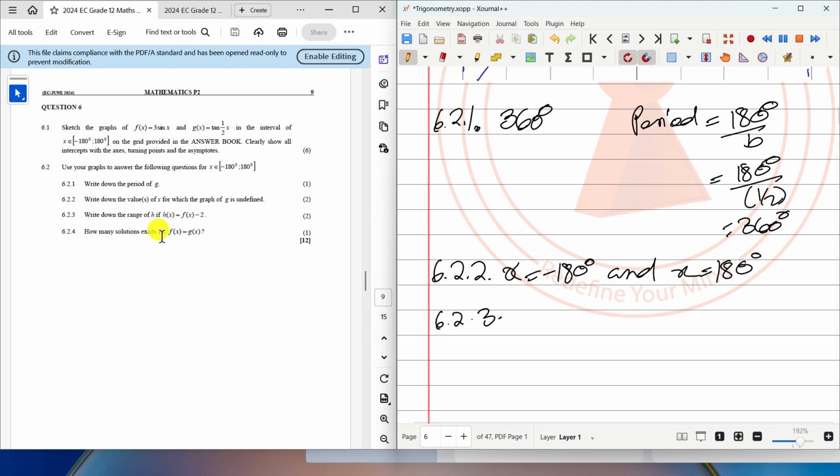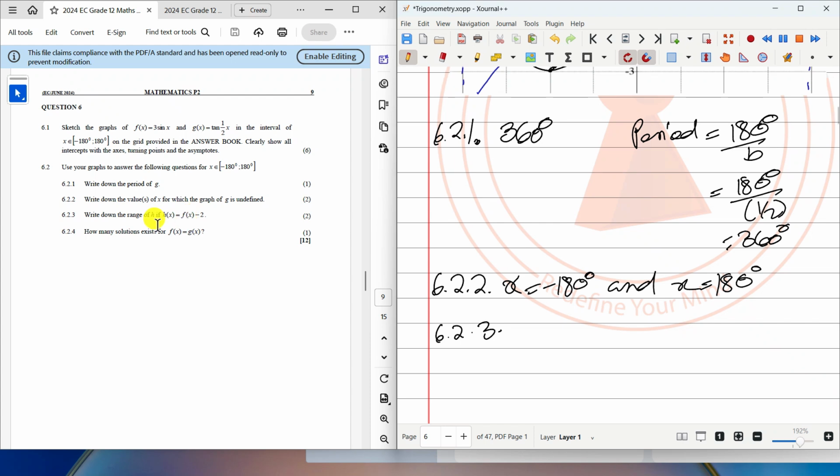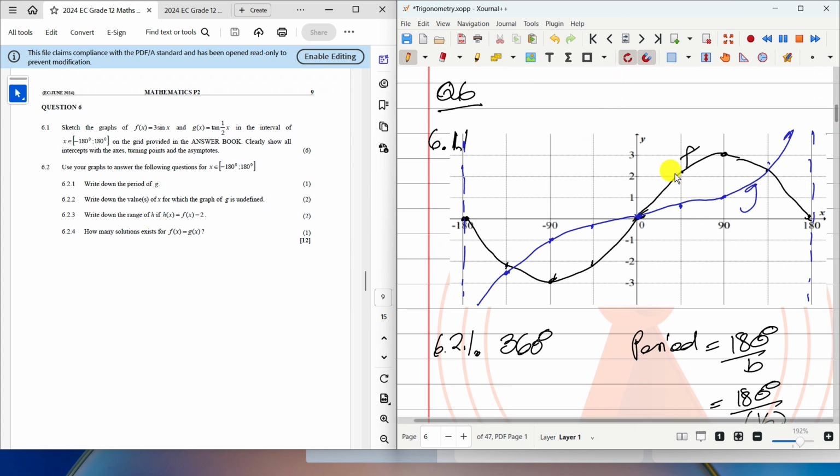6.2.3. Write down the range of h of x, if h of x is f of x minus 2. When they say f of x minus 2, it means f of x must be going 2 units down. At first, the range was minus 3 to positive 3, but now it's going 2 units down. From minus 3, when it goes 2 units down, it's going to be minus 5.